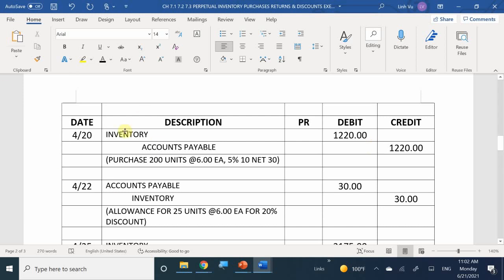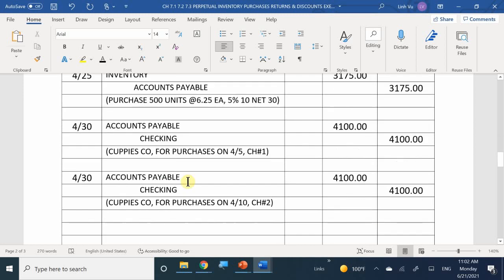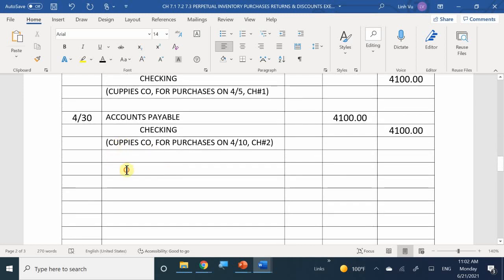So let's go ahead and take a look at this. In grand total, I owe 1190, correct? That's just my grand total without my discount.